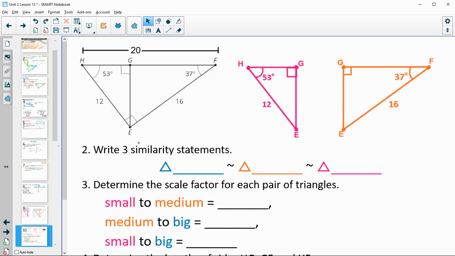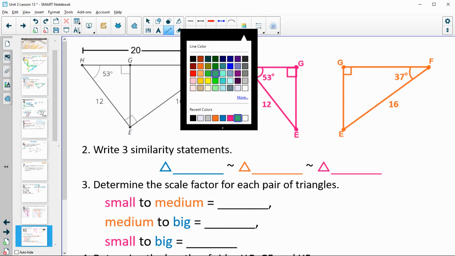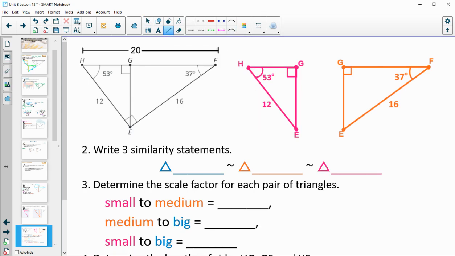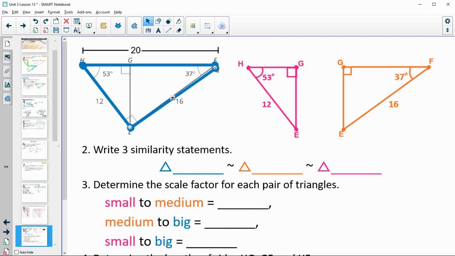So if you need to, I would pause the video and draw these two triangles so that you have all of the triangles separated out here. I'm also going to highlight this larger triangle in blue. So here's all three triangles that we are talking about.